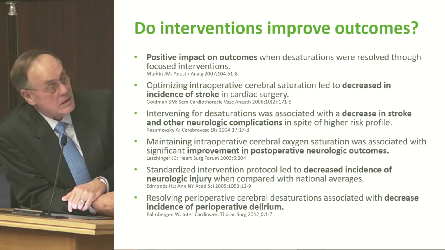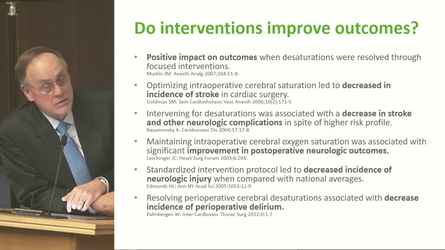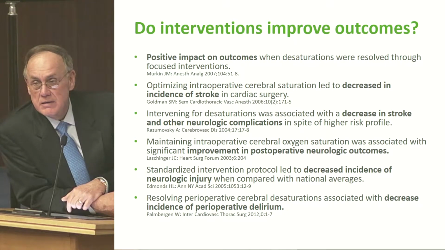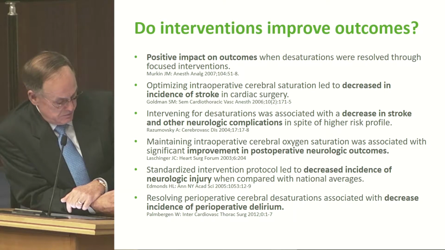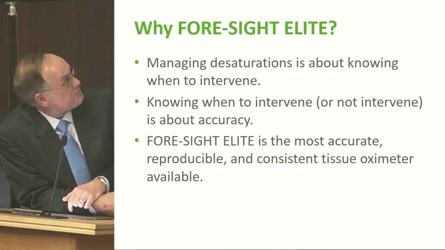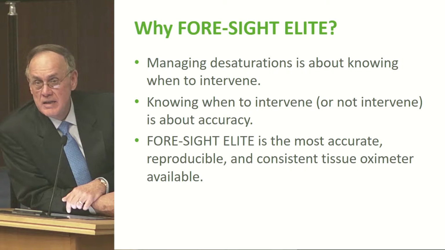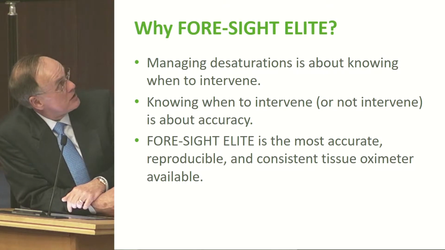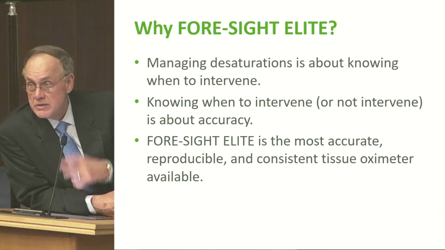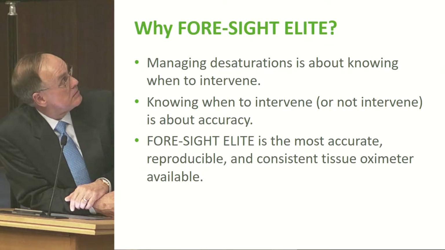Now, does reversing the hypoxia, treating the hypoxia, improve patient outcomes? And again, the literature is quite clear that yes, it does. So why Foresight Elite or cerebral oximetry? Well, managing desaturations is about knowing when to intervene, when to treat the patient for hypoxia.